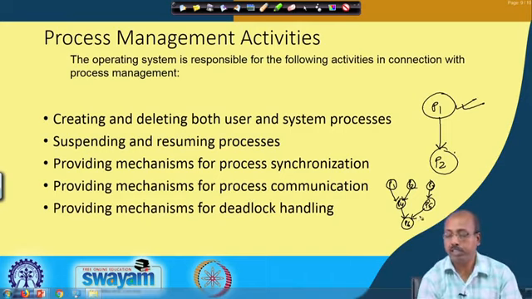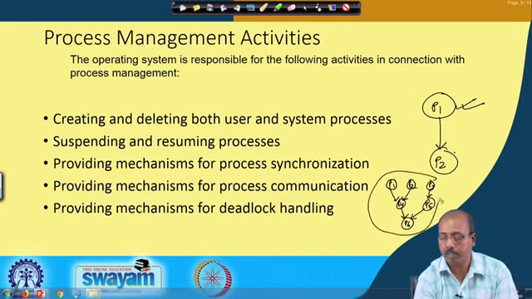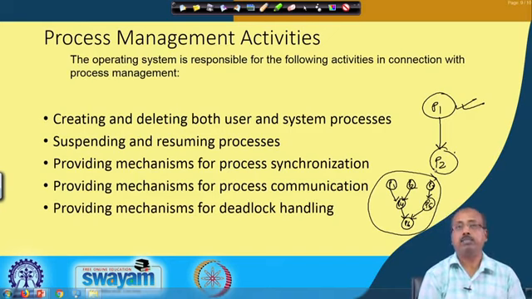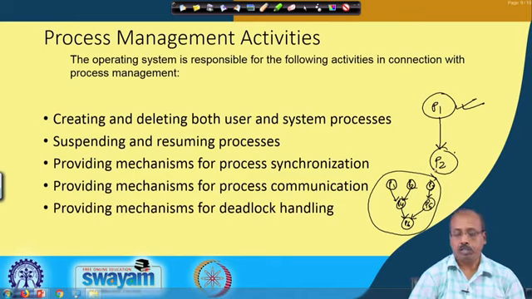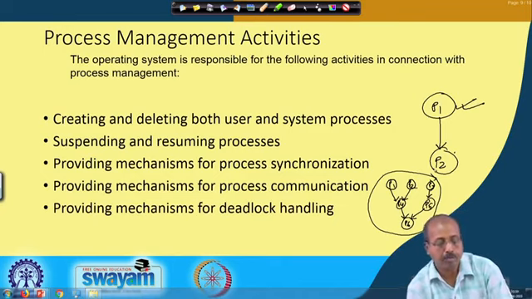Now, how do you ensure this type of synchronization? If I create 6 independent processes and give them to the system, how do I ensure that the system will not execute P4 before P1 and P2? That is the synchronization problem.